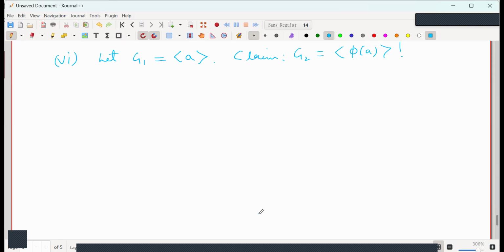That's what we want to show. The generator maps to generator. So phi of A plus A would again be phi of A plus phi of A. I could just extend this, phi of A power n would just be... But why is everything of this form?